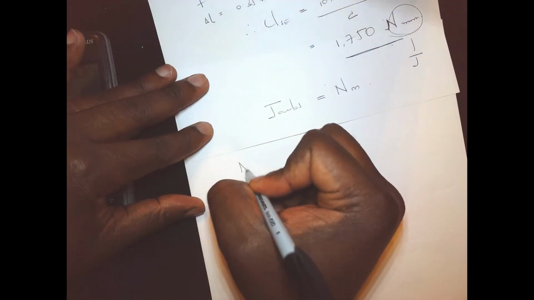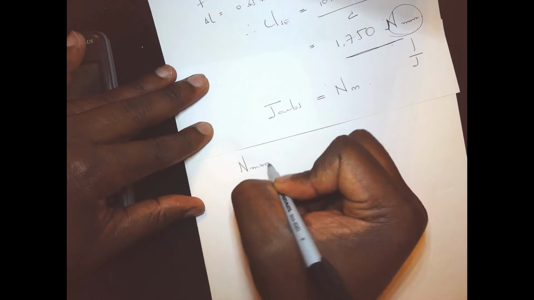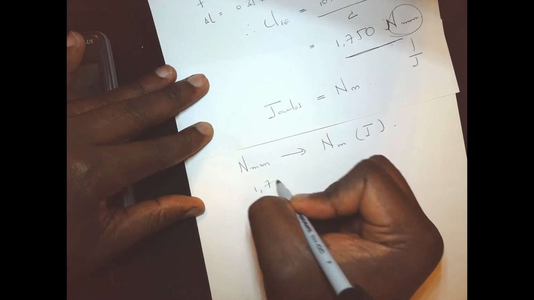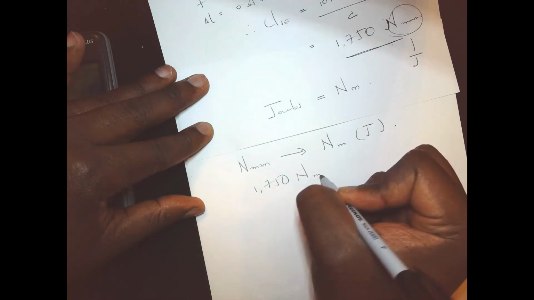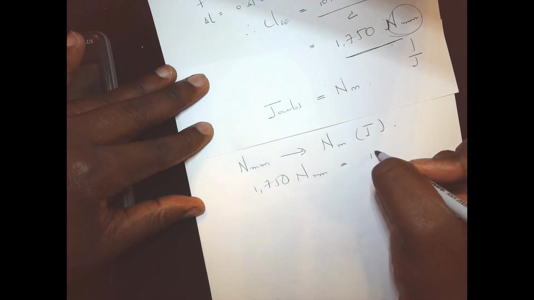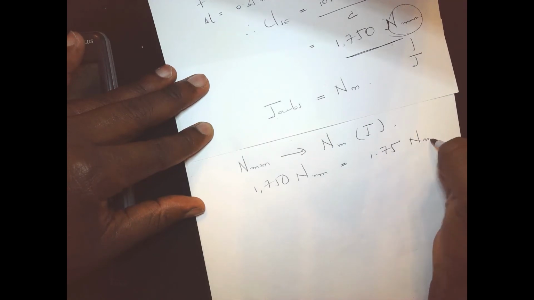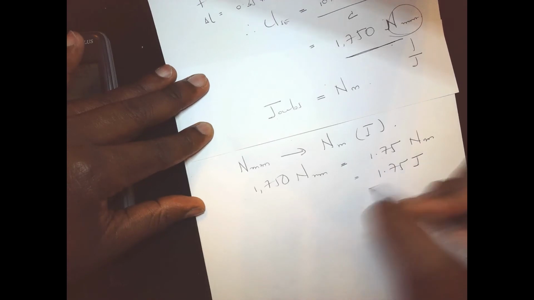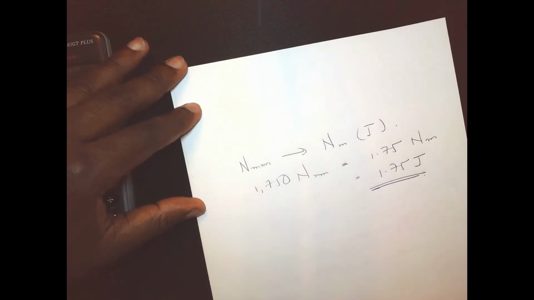Thus, from Newton millimeters to Newton meter, which would be our joule, 1,750 Newton millimeter is equal to 1.75 J. Okay, so here we go.